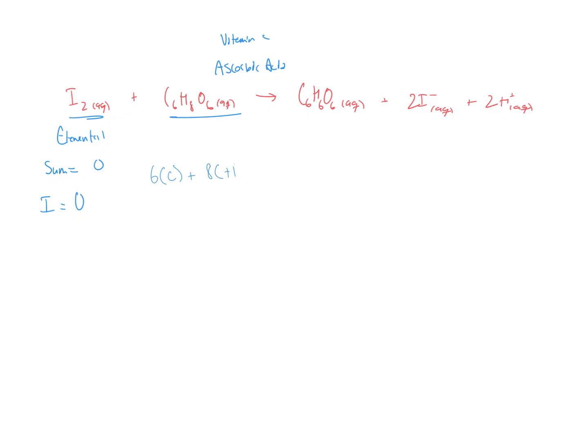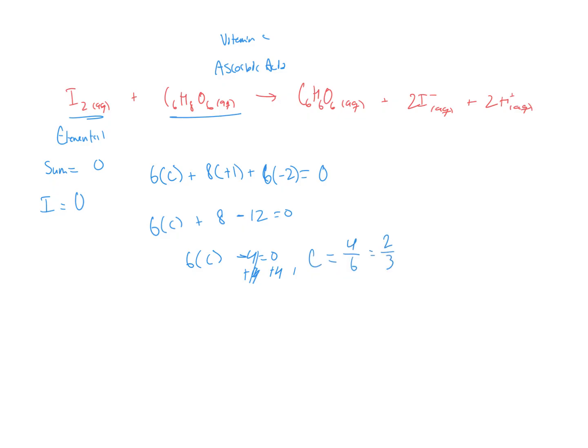Hydrogen's pretty much always +1, plus 6 times oxygen, which is pretty much always -2 unless it's in a peroxide, which in this case it is not. The compound is neutral, so the sum is 0. So 6 times carbon plus 8 minus 12 equals 0, so 6 times carbon minus 4 equals 0. We add 4 to each side, just doing our algebra, and the oxidation state of carbon equals 4 over 6, or 2 over 3.